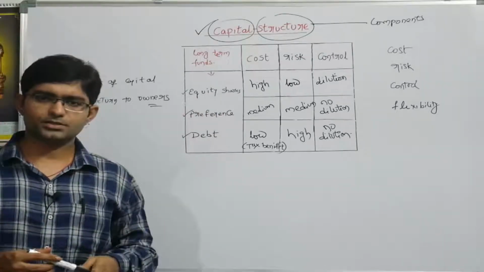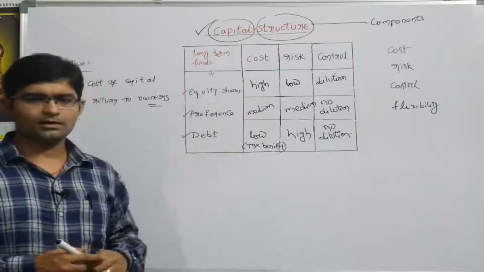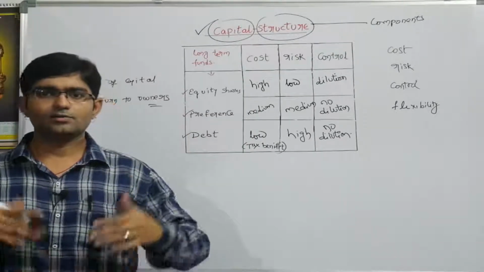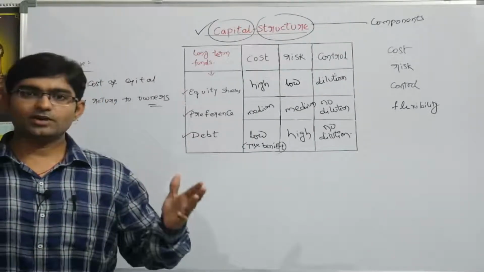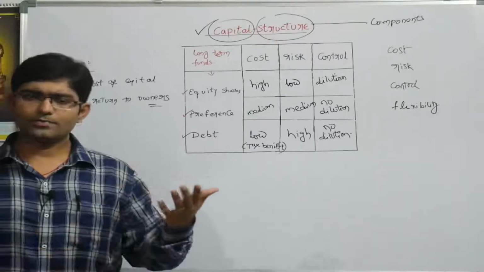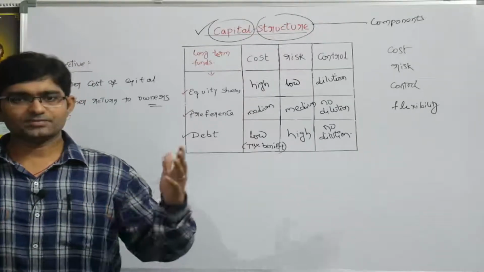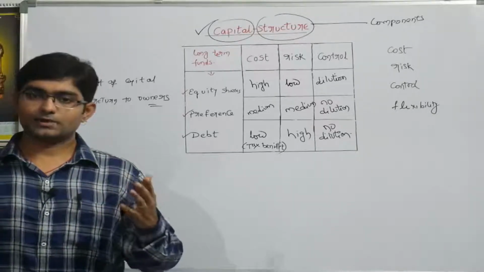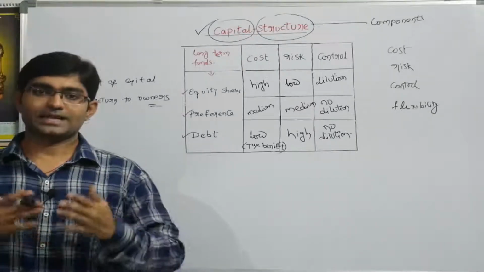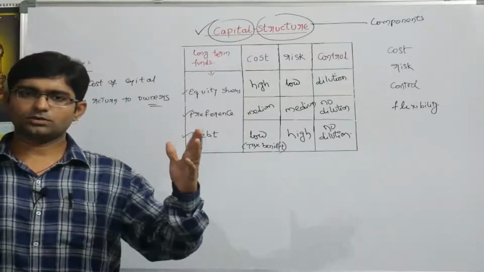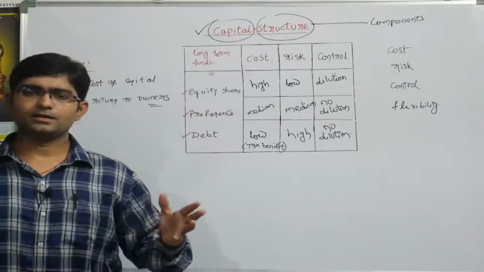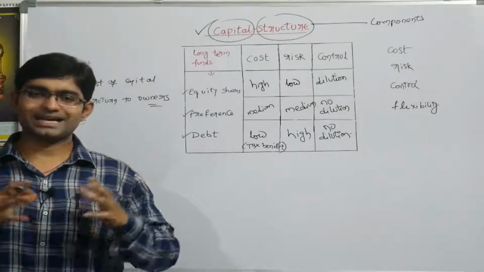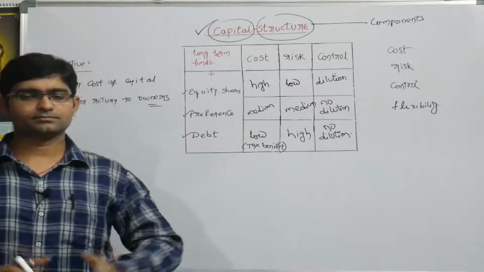You have the options to raise 100% equity, 100% preference, 100% debt, or equity plus debt, or equity plus preference, or preference plus debt, and the last one you can mix all three: equity plus preference plus debt. These are the options available, and your capital structure contains any of these mixes.